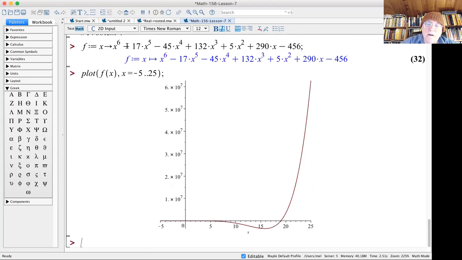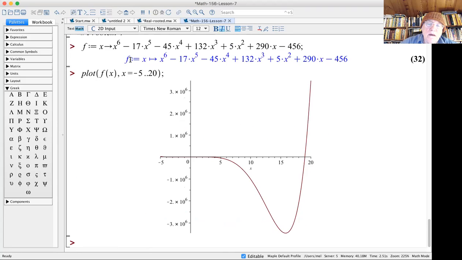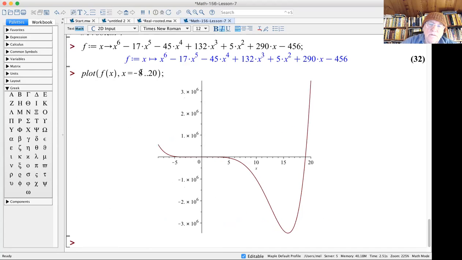Let's just go up to 20. So this function looks like this.